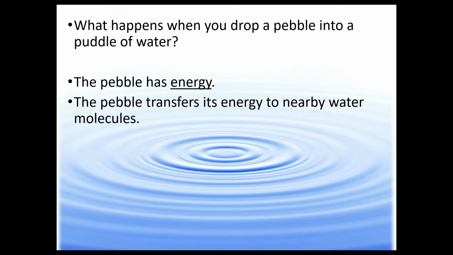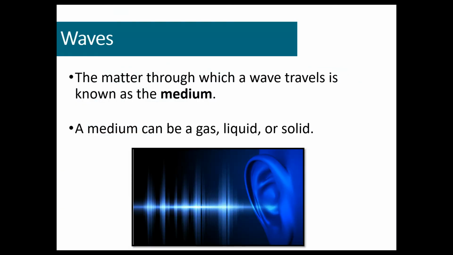And remember, law of conservation of energy says energy is not created or destroyed, but it can transfer. So the pebble transfers its energy to the water molecules of the pond or the bucket or wherever the water is, and that energy moves out into the water molecules. And so we see this as a ripple effect.